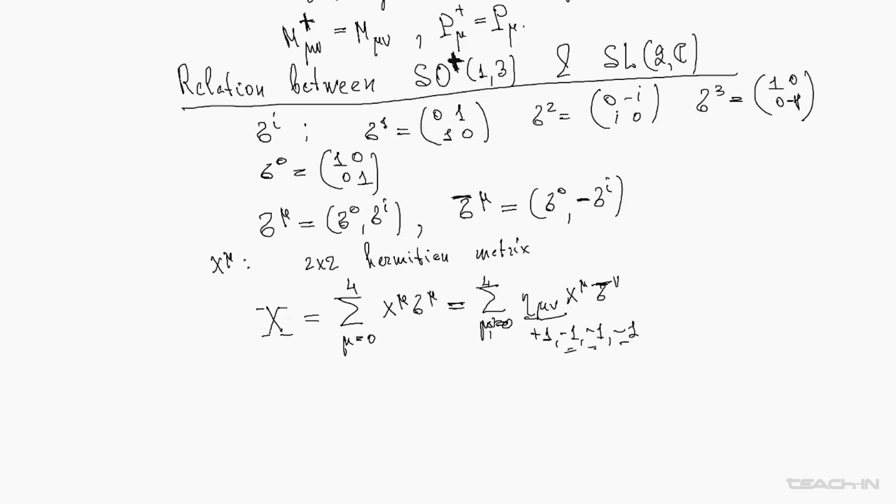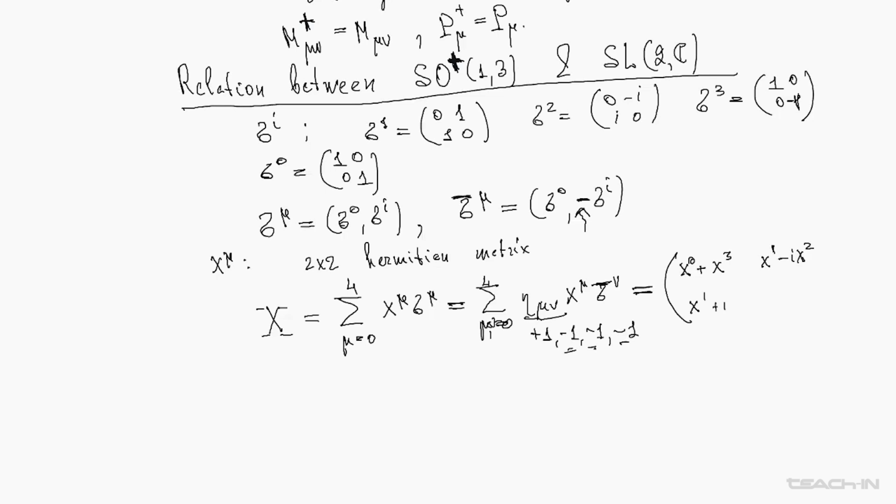If you substitute the sigma matrices here, you explicitly construct the 2x2 matrix where the components of the vector x mu look like x0 plus x3, x1 minus i x2, x1 plus i x2, and x0 minus x3.